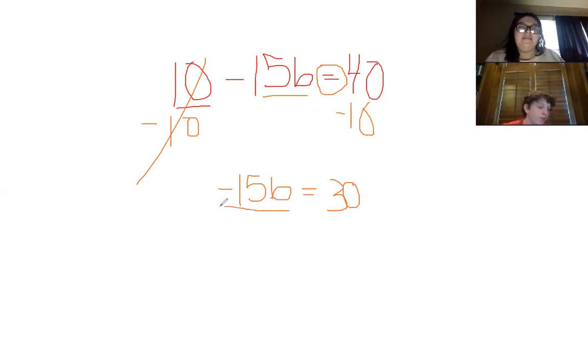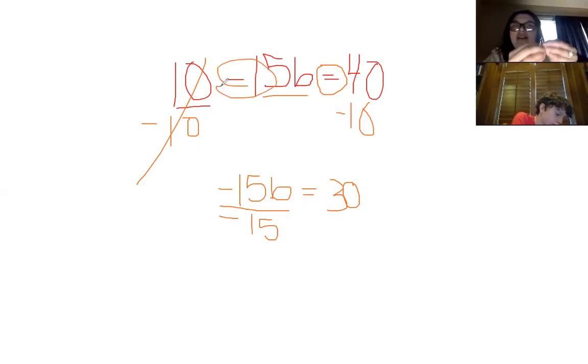I'm going to divide on both sides by negative 15. I'm dividing by negative 15 because the number in front of B, that subtraction sign, is essentially a negative sign.